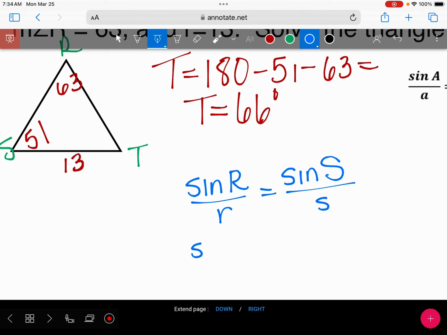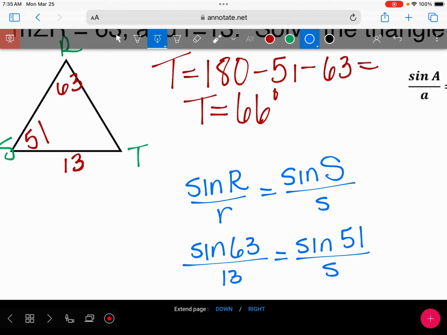So sine of big R, sorry, big R is 63. So we have sine of 63 over 13, and that equals the sine of big S, which is 51, over little s.